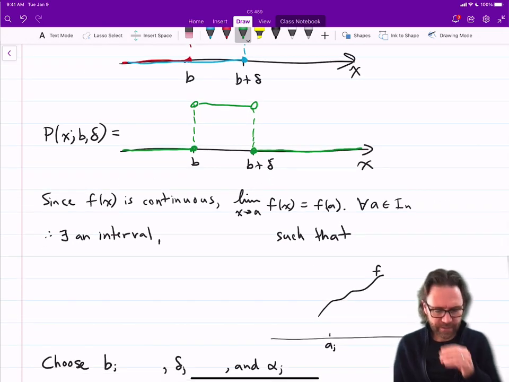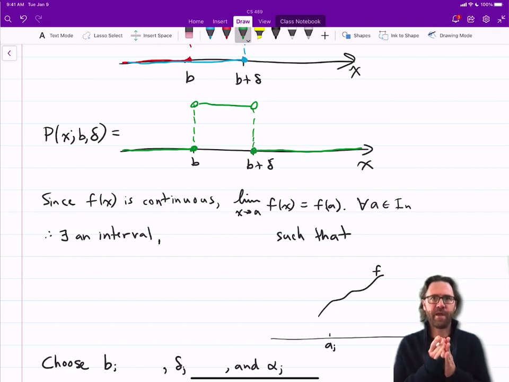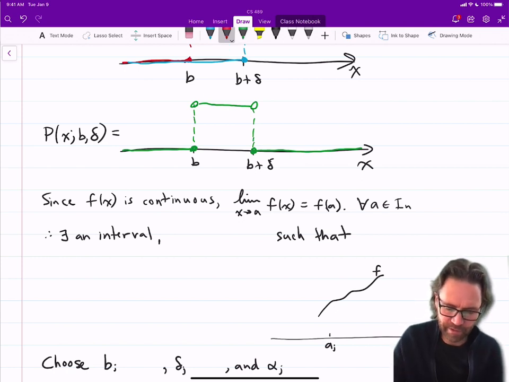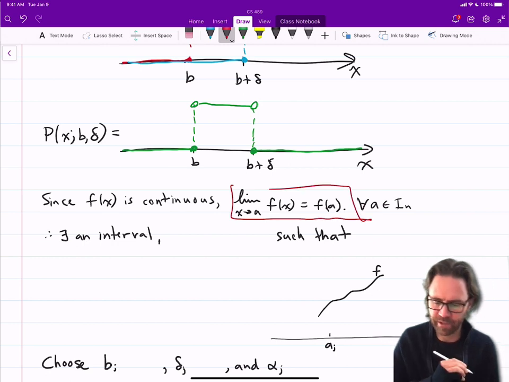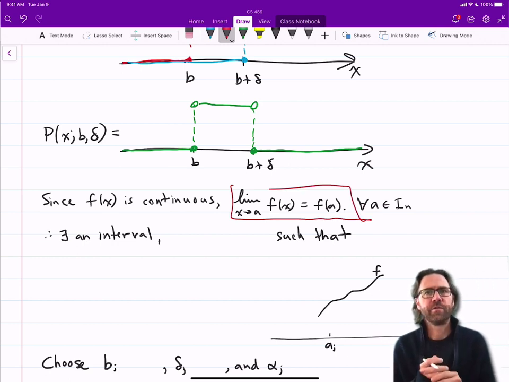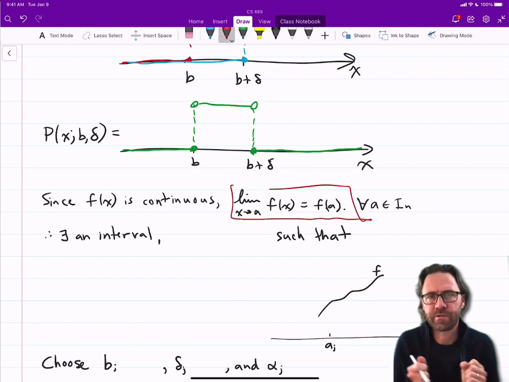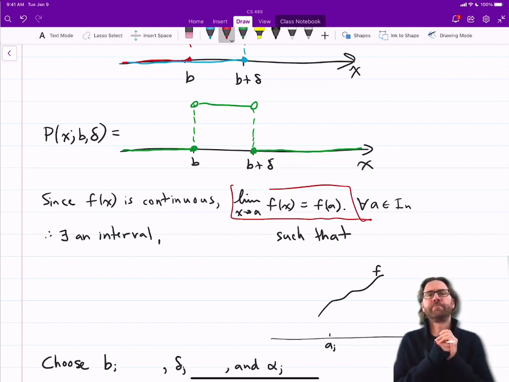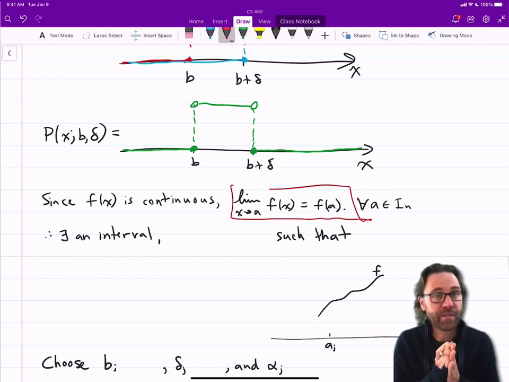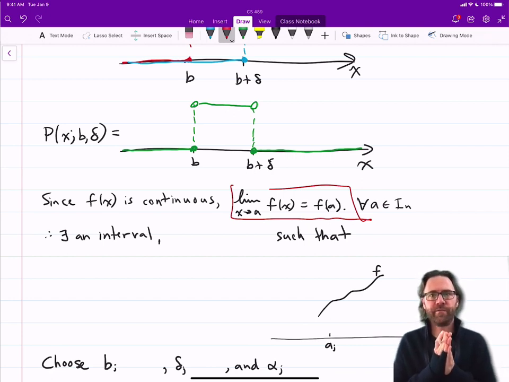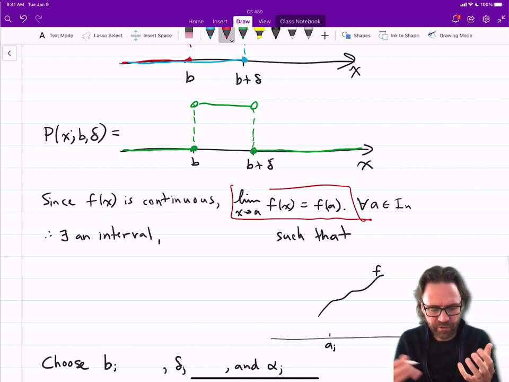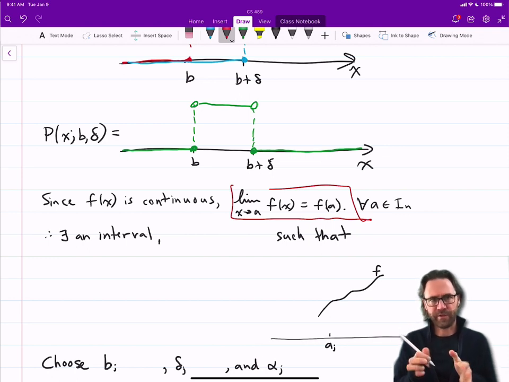Okay, since f of x is continuous, that means, and this is the definition of continuity, the limit as x goes to a of f of x equals f of a. And there's another theorem, the intermediate value theorem, that guarantees this next thing I'll write down.